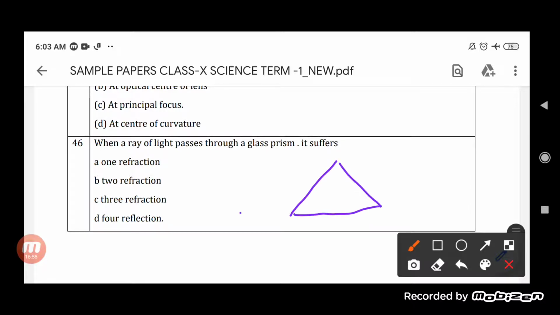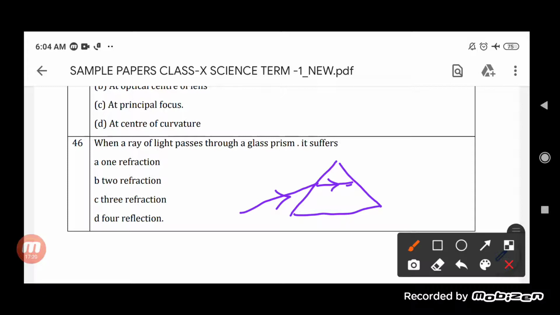This is a prism. When a ray of light falls on the prism, before that it was in a rarer medium, but as it enters the glass prism it moves from the rarer to the denser medium, so it will bend towards the normal.